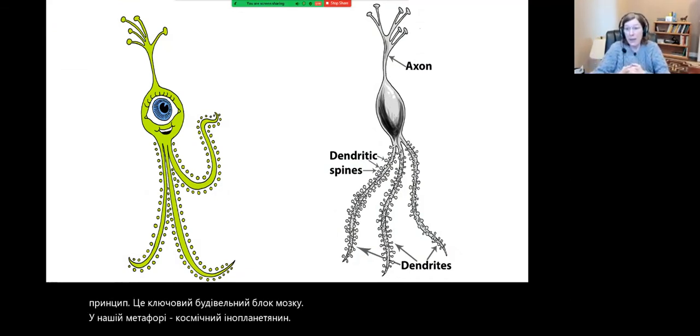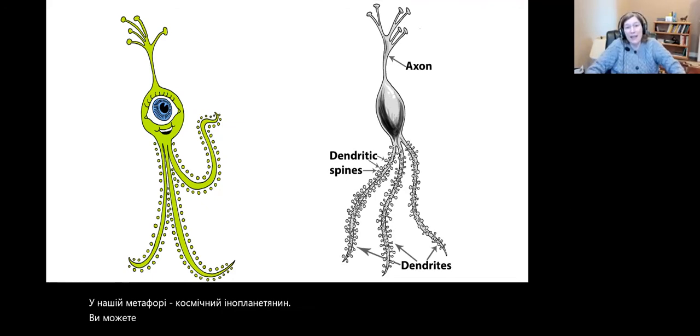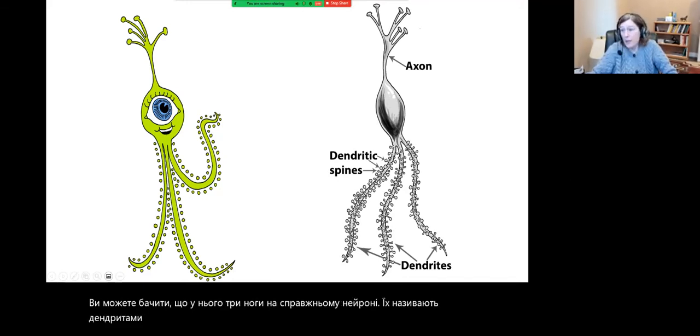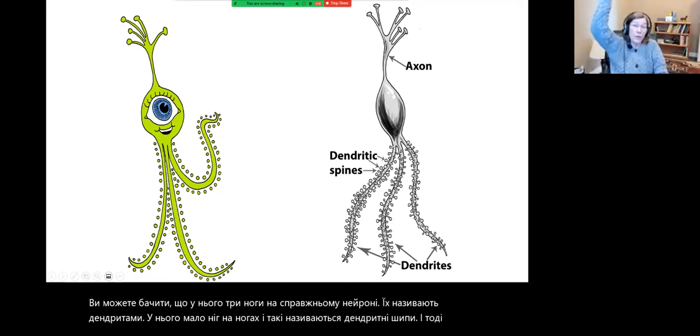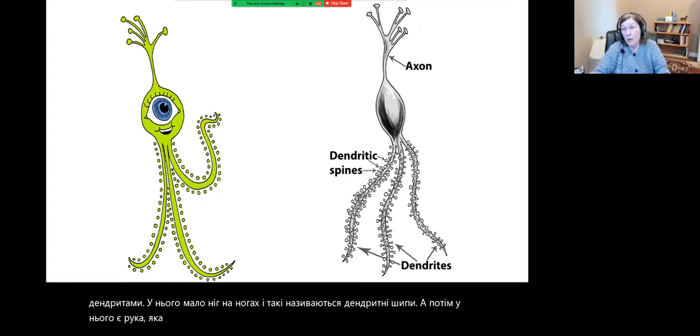A space alien, well, you can see it's got 3 legs. On a real neuron, those are called dendrites. It has little toes on its legs, and those are called dendritic spines. Then it has an arm that reaches upwards, and that's called an axon.